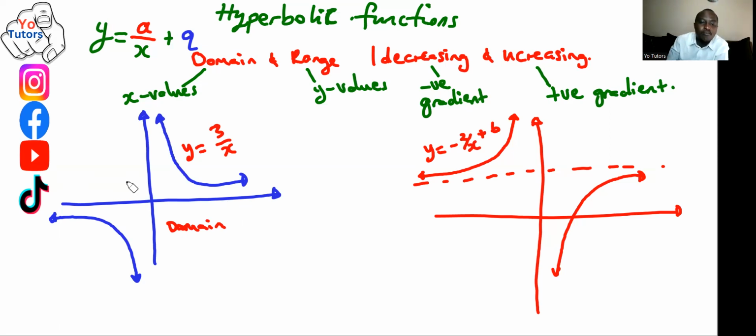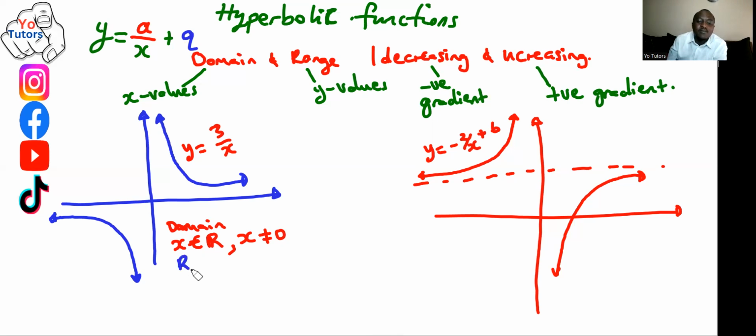So here our domain should be x element of real numbers, but we now restrict it: x must not be equal to 0. So it means that it can occupy all values of x, but not x equal to 0. Remember, because it's an asymptote.